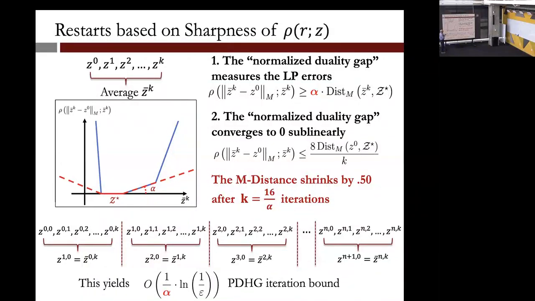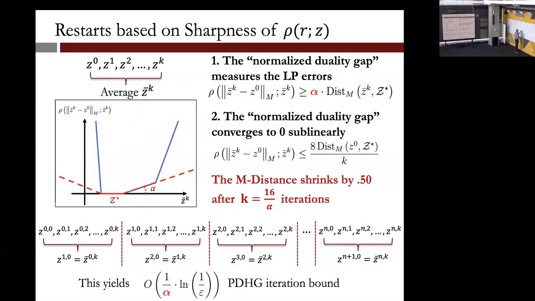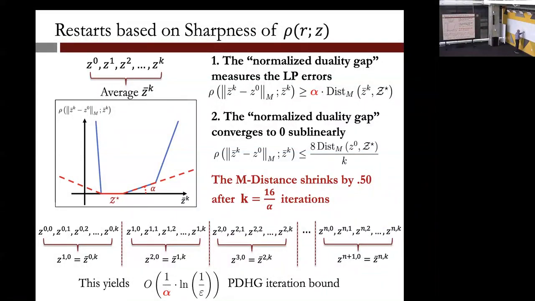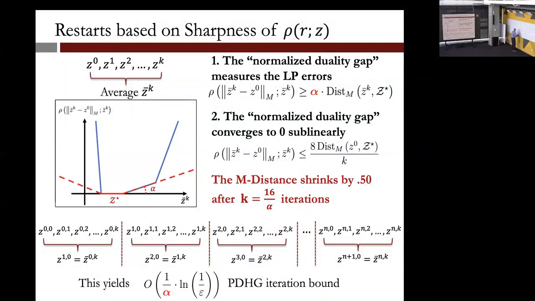So in the end, this kind of approach, if I satisfy this normalized duality gap, this is like what's called a sharpness condition. So let me just draw that for you. If I have a function, and here's its minimum and here's it growing away, it satisfies a sharpness condition if when I'm moving away from the optimum, there's a nice positive angle here, okay?